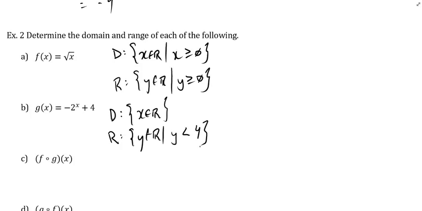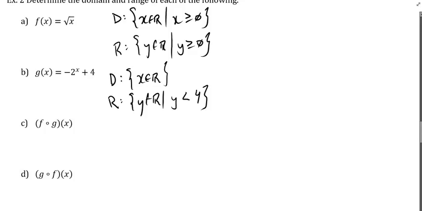Okay, so f of g. Again, this is like f at g at x. So what would the equation look like? It doesn't ask us to do that, but we can write it down anyway. So that's the square root of negative 2 to the x plus 4. So let's think about this.